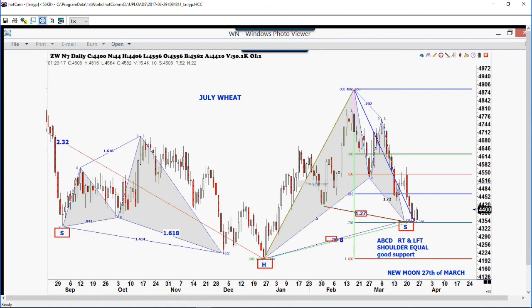So it has to do with last year's experience surrounding the March 31st planting intentions report in the grains. December corn at that point in time was trading at $3.85 the day before the report. The report came out.